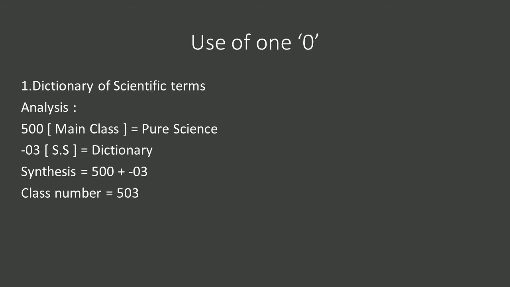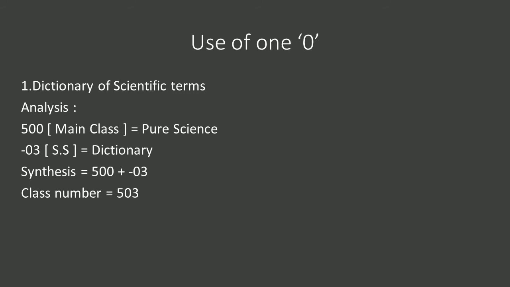Now there is an interesting thing. The notation of the main class may be a main class or maybe a subdivision of a main class. Here 500 is, we know, a main class, and sometimes here there will be a subdivision of a main class. Sometimes, main class means all the notation; we here call them main class. Okay. Here the main class ends with 2 digits, meaning 2 zeros.